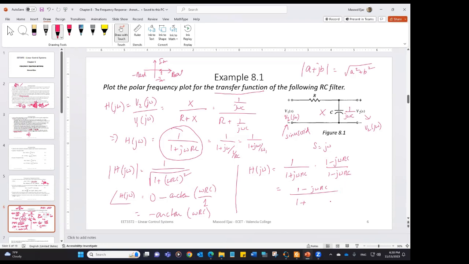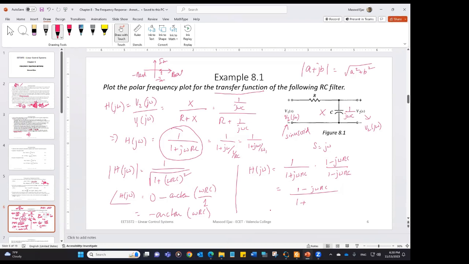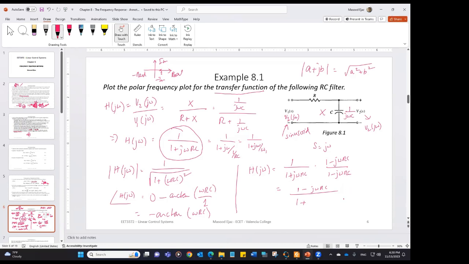It's going to be minus in any way. So the result is 1 minus j omega RC, squared. When you multiply, it's going to be omega RC squared.